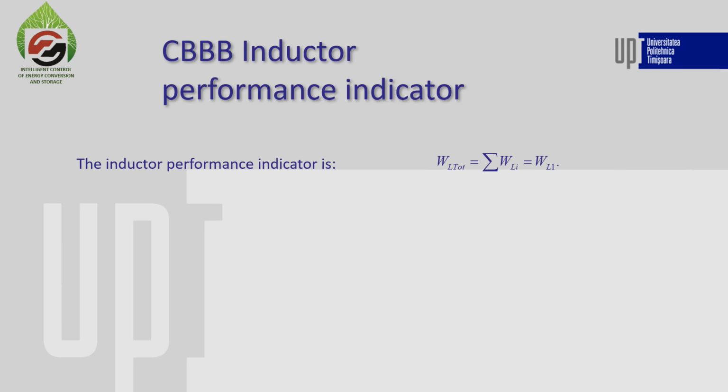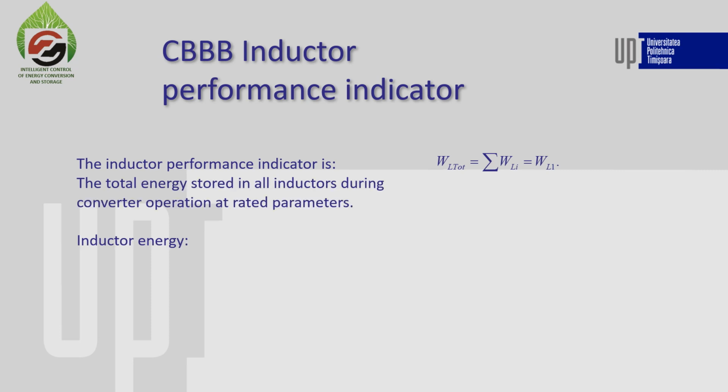This is the total sum for all energy in the inductors. For the classical buck-boost converter, this inductor energy is of course equal to the inductor energy of the single inductor because it only has one inductor.